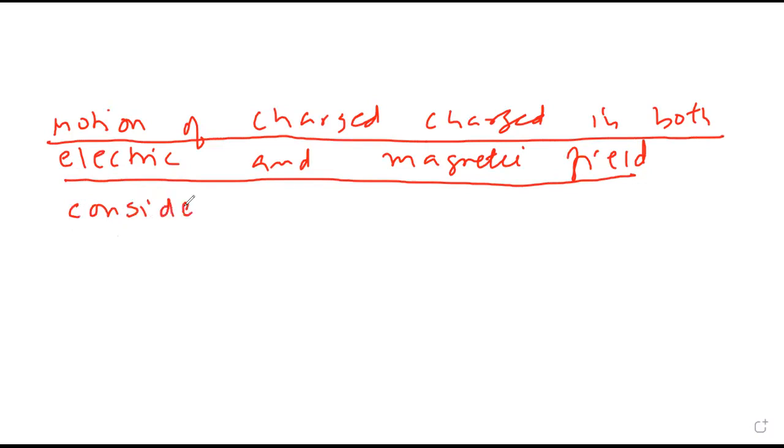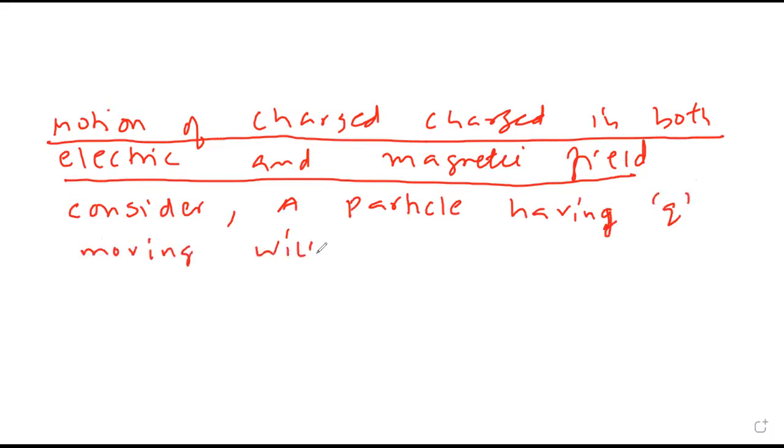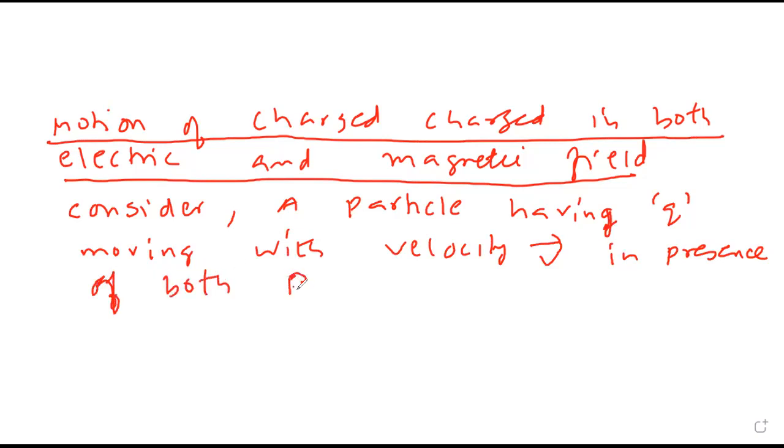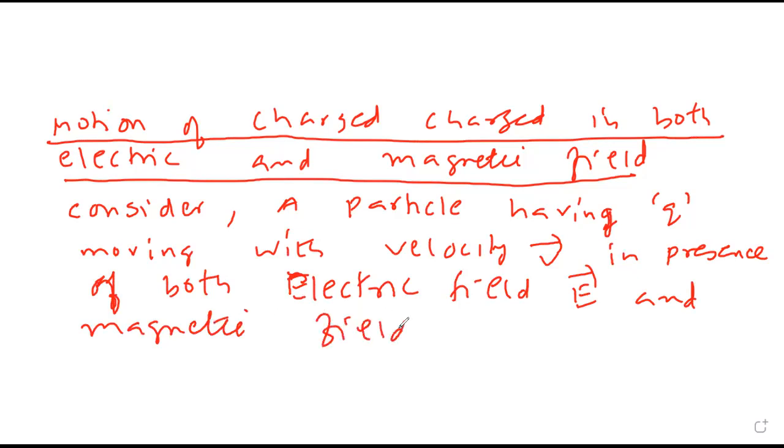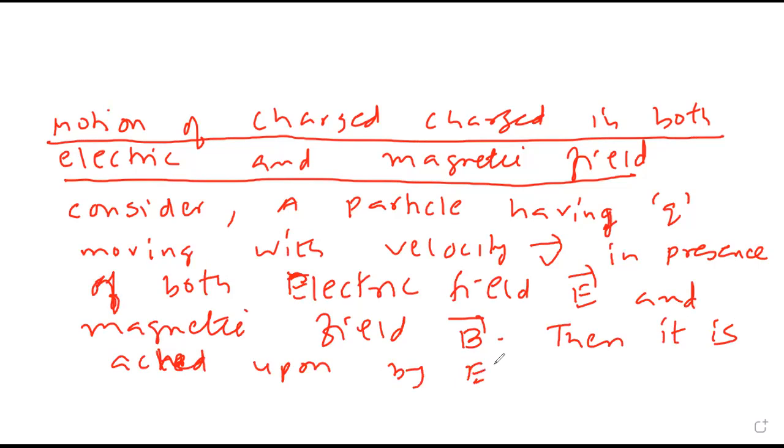So consider a particle having charge q moving with velocity v in the presence of both electric field E bar and magnetic field B bar, then it is acted upon by electric and magnetic force.